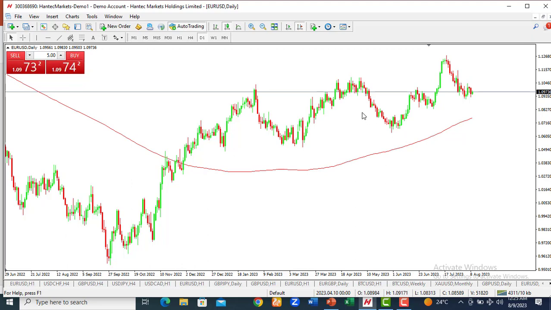If the market is above the 200 period moving average, it's an uptrending market. And if the market is below the 200 period moving average, it's a downtrending market. So from what I just explained, look at the 200 period moving average moving up below the prevalent market price.